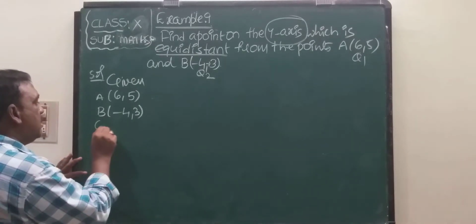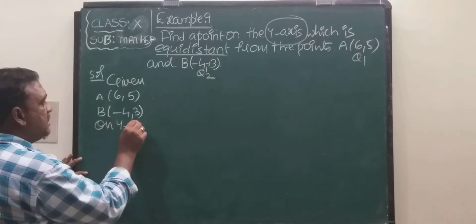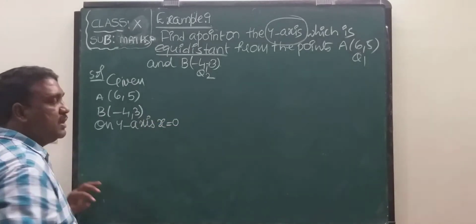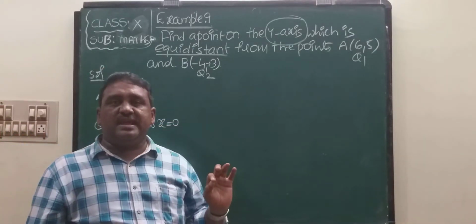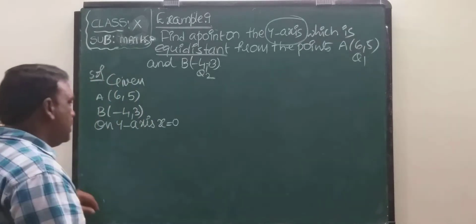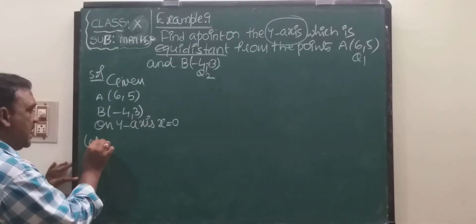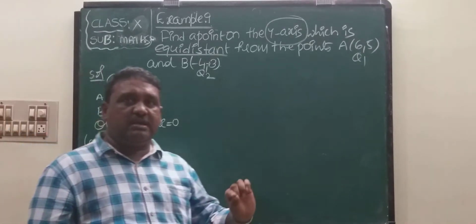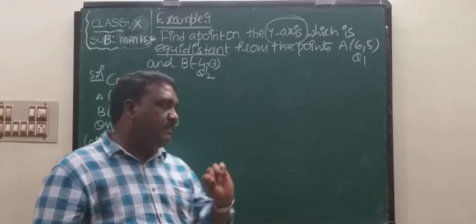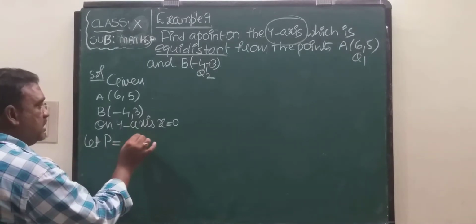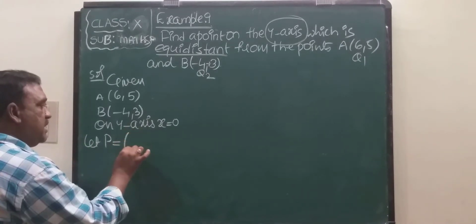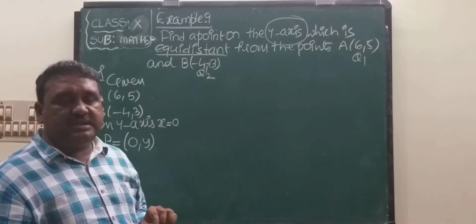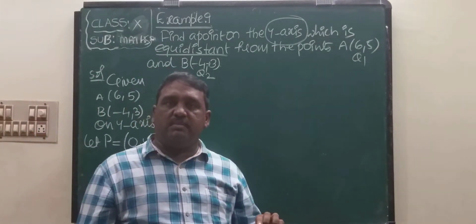On y-axis, what is the x value? 0. On y-axis, x equals 0. So let the required point be P. Let P equal to (0, y).